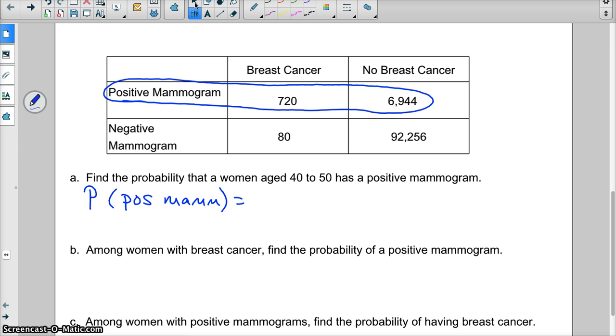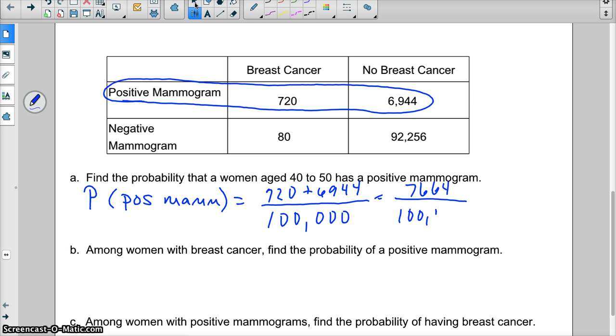So 720 plus 6,944 over, how many total mammograms were there? 100,000, yes. So that's 7,664 over 100,000. Is that a number between 0 and 1?